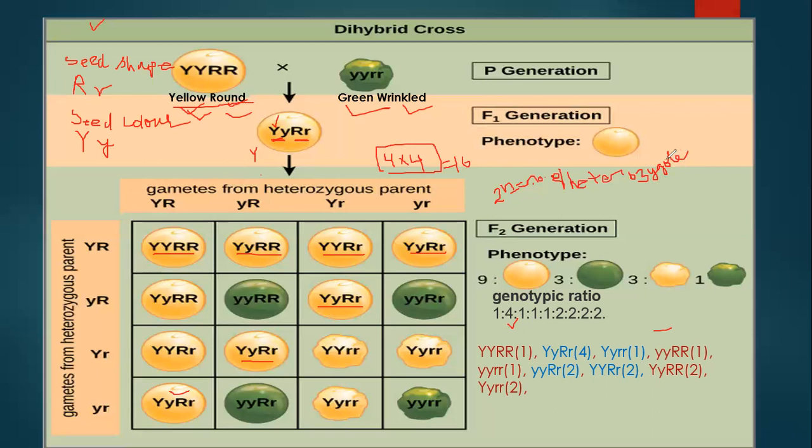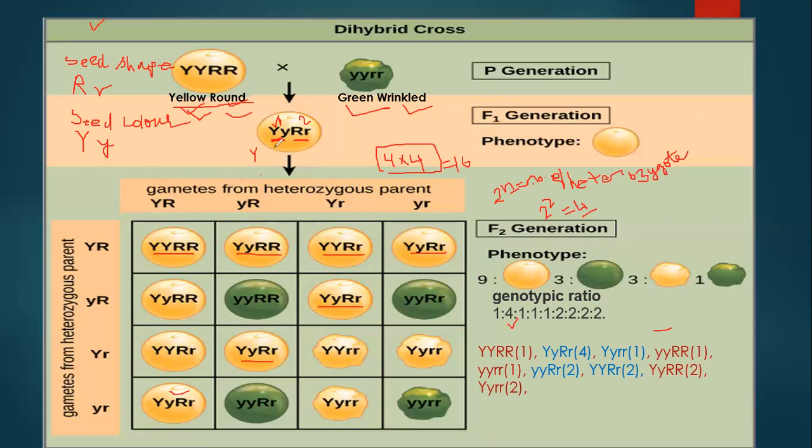If you see the first trait, this is a heterozygous condition. So this is 1. If you check the second trait, this is also a heterozygous condition. So this becomes 2. So in this one, you have 2 heterozygous conditions. So the different types of gametes which will be formed is 2 to the power of 2, that is total 4. So 4 different types of gametes can be formed in this case.